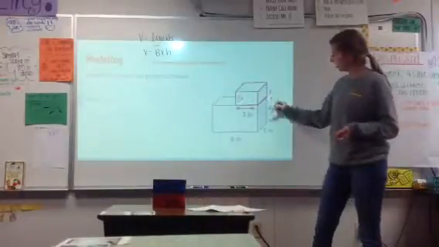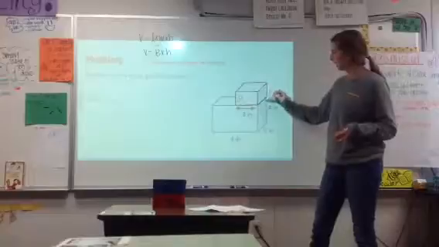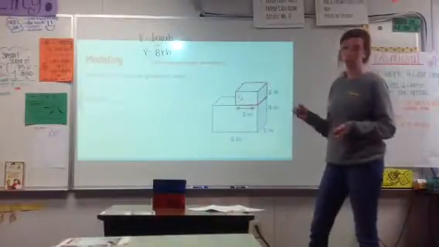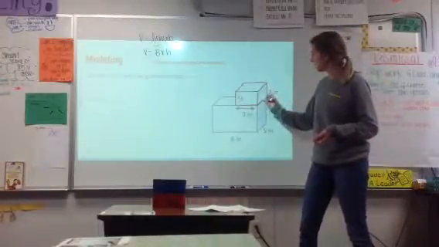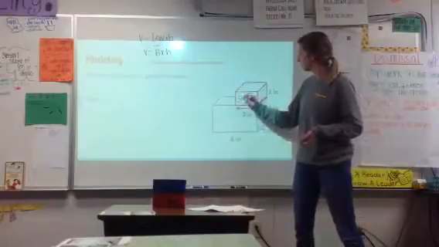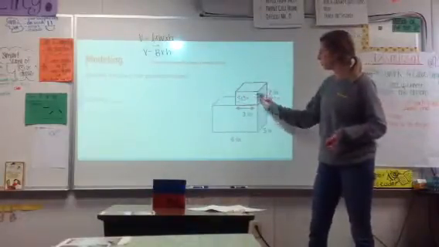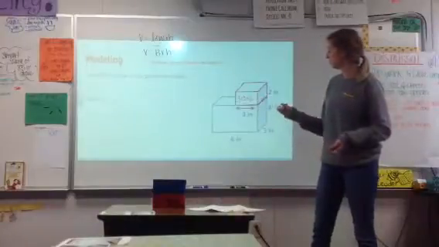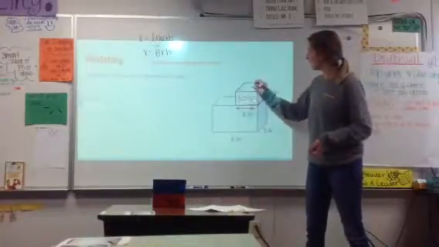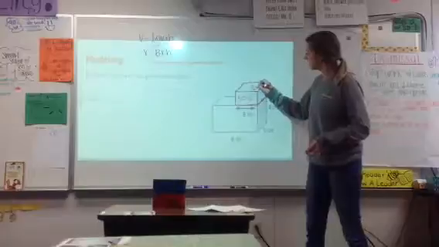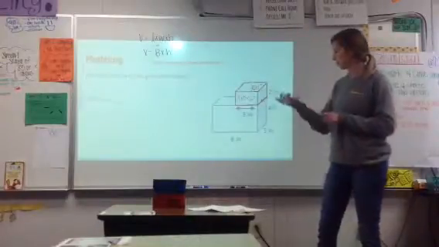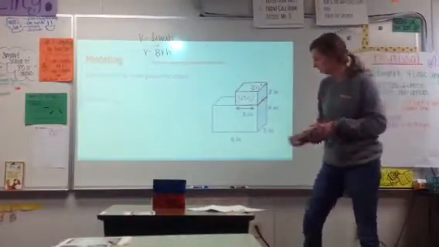However, I know in a rectangle that these 3 lines are actually the exact same measurement. So this side happens to be 5. And I times it by my height, which is right here, 2. 15 times 2 equals 30 inches cubed. So that's that first rectangular prism.